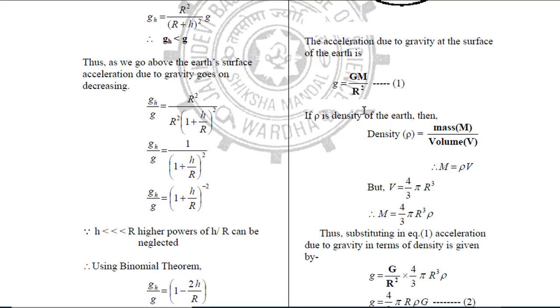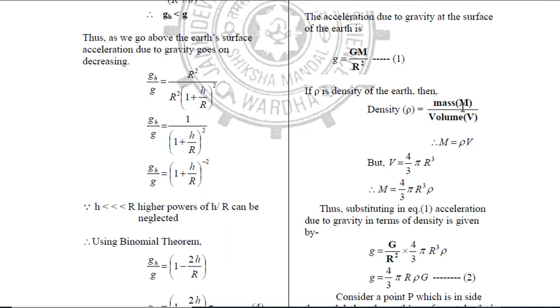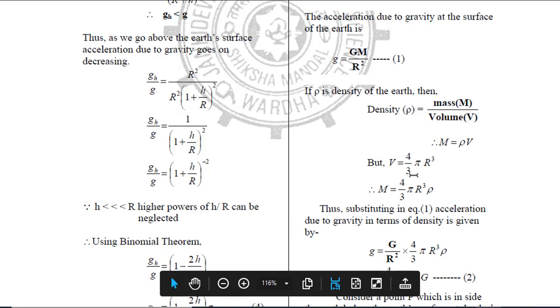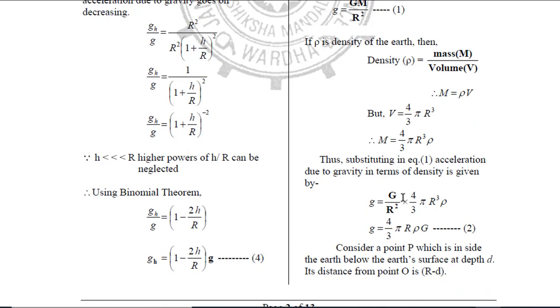So we start with the surface of the Earth, where g is GM over r squared, where r is the radius of the Earth. If density of the Earth is given by mass over volume, then mass is given by density times volume, so the mass is 4/3 pi r cubed times density. That is at the Earth surface.